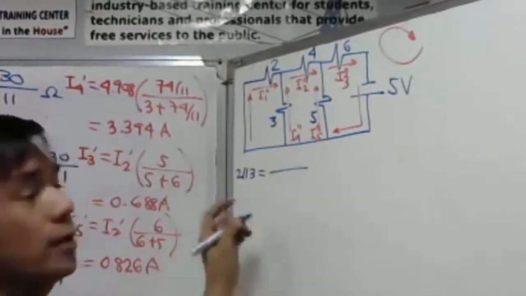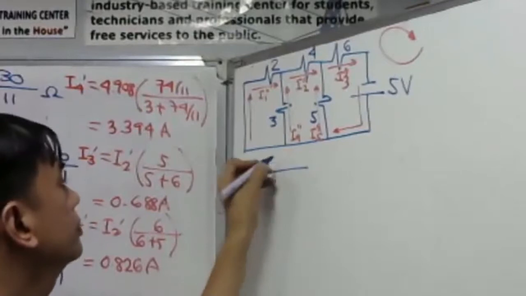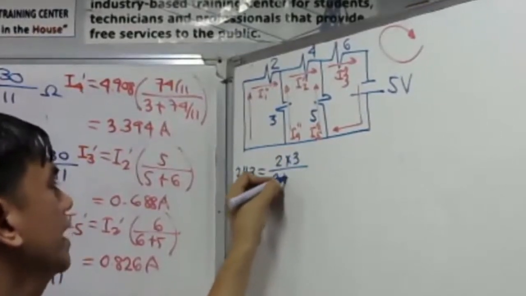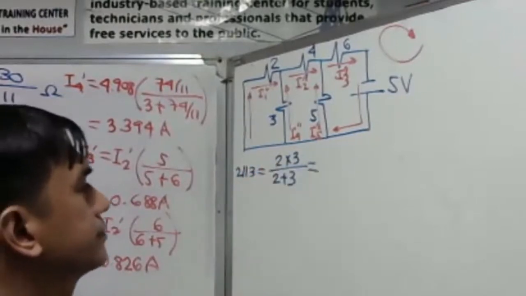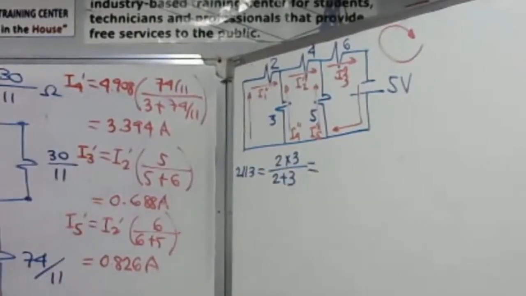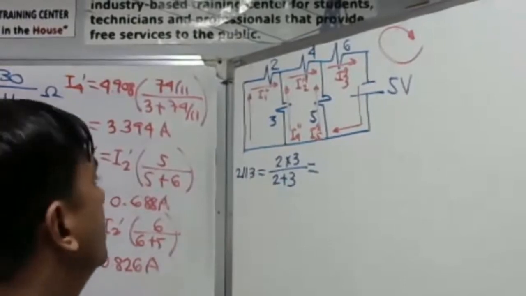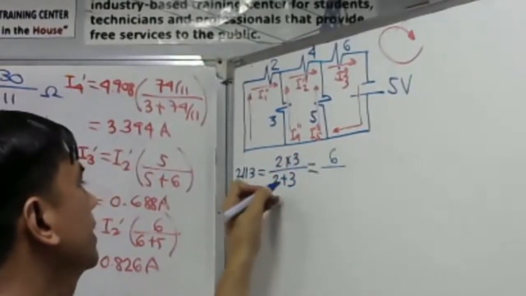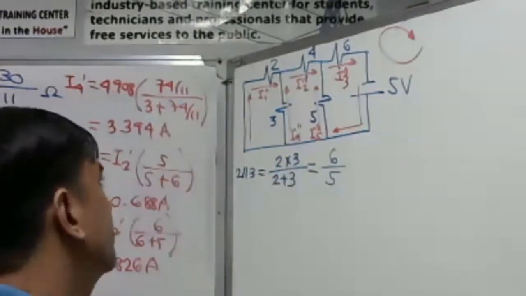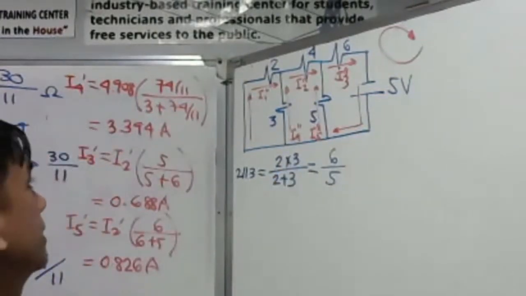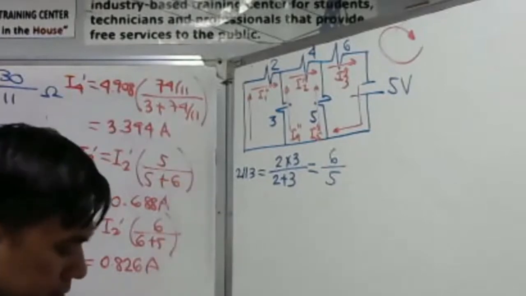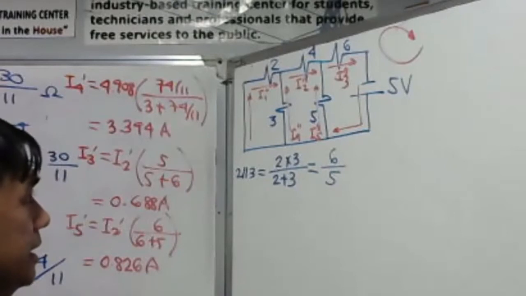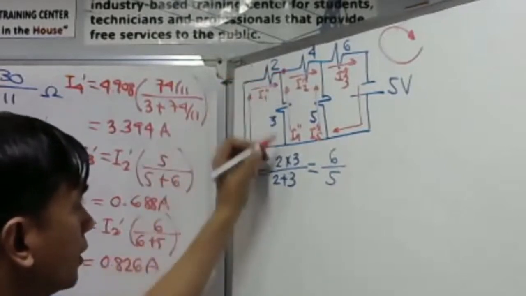That is the product over the sum: 2 times 3 over 2 plus 3. 2 times 3 is 6, 2 plus 3 is 5, so that is 6 over 5. That is the equivalent considering these 2 points.